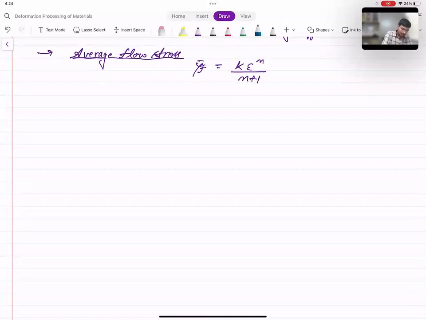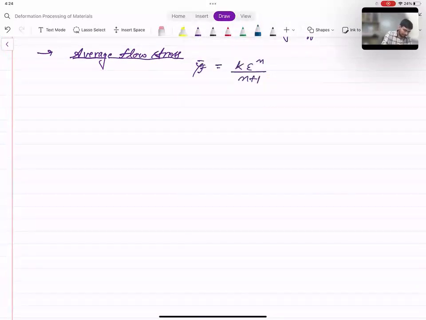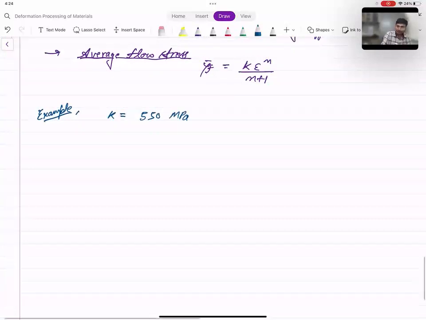The strength coefficient K is 550 MPa, and the strain hardening coefficient is 0.22.